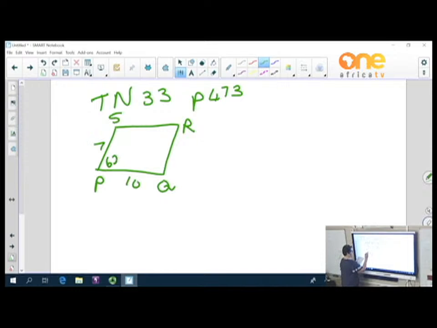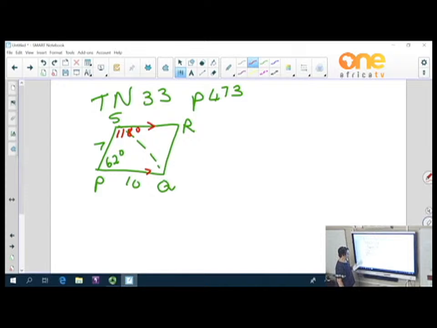The angle is 62 degrees. And this is a parallelogram, which means my opposite sides will be equal. I also can work with my angles here, and I will know that this angle will be 118 degrees because I have those parallel lines, co-interior angles there.